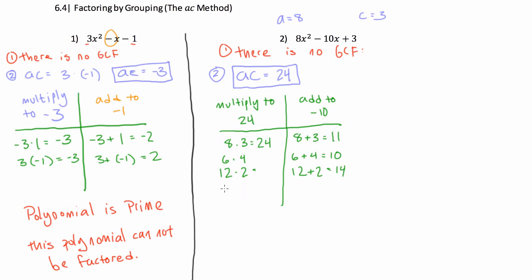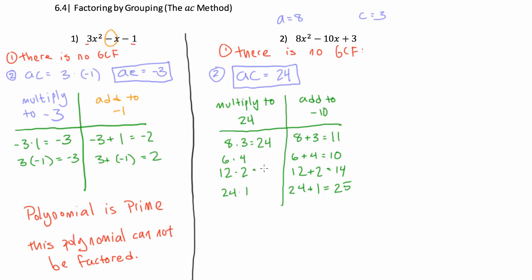And so one thing that's cool about this method is, if you imagine me trying every single one of these and doing a full FOIL to check it, that's a lot of work. So I'm going through, this is getting a little frustrating.